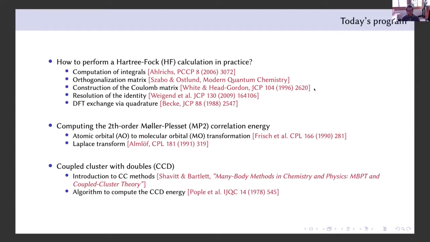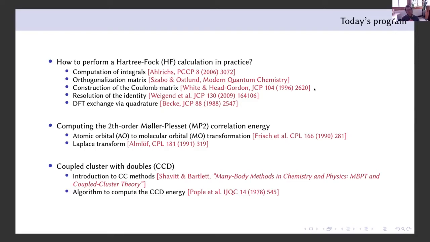In a second part, we're going to talk a little bit about correlation energy, so how to compute the correlation energy based on different formalisms. In particular, we're going to talk a little bit about how to compute the MP2 correlation energy, the second-order Møller-Plesset.